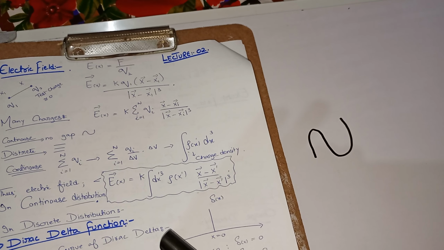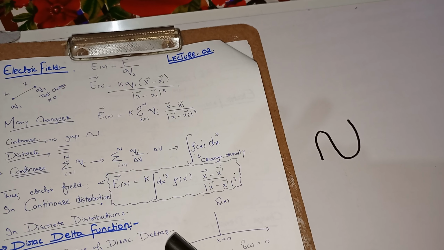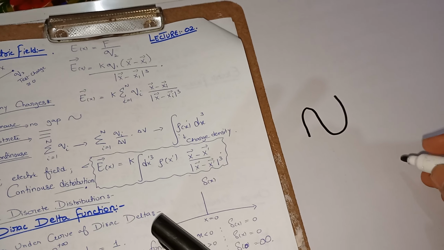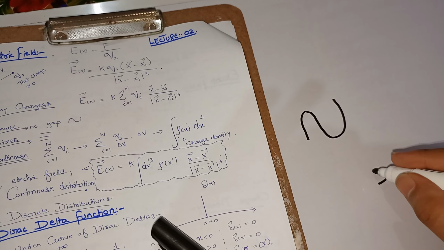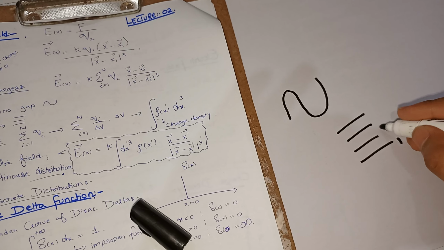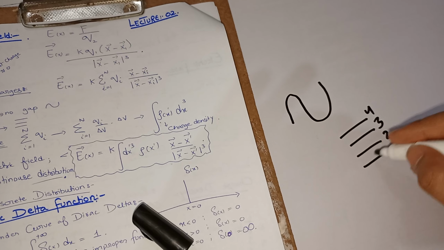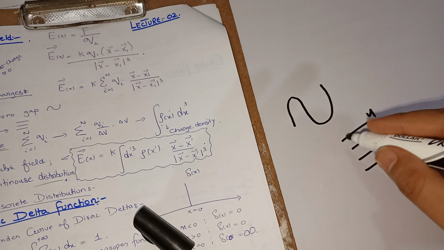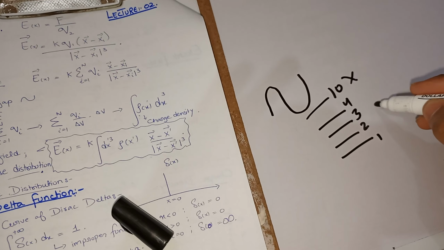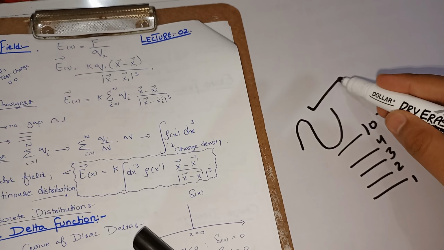If there are gaps between things, you can say discrete. For example, points 1, 2, 3, 4 have gaps between them, so this becomes discrete, and the wave becomes continuous.